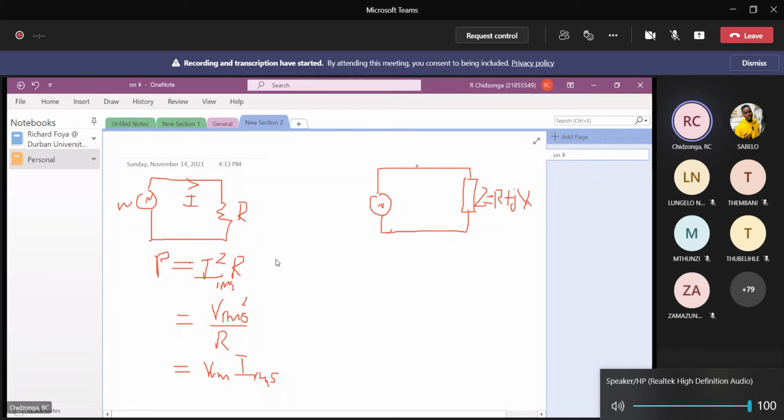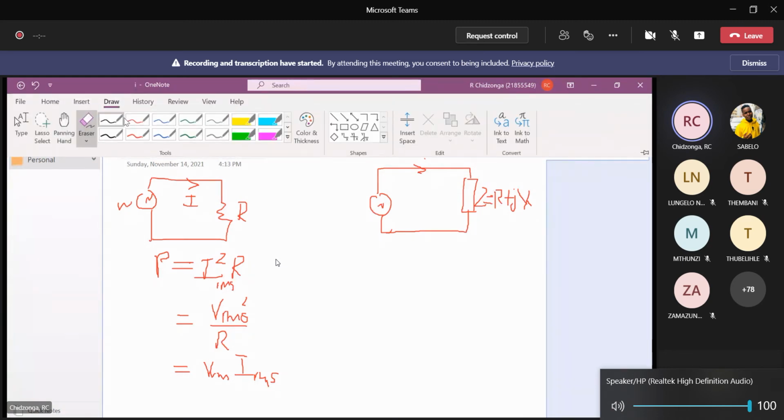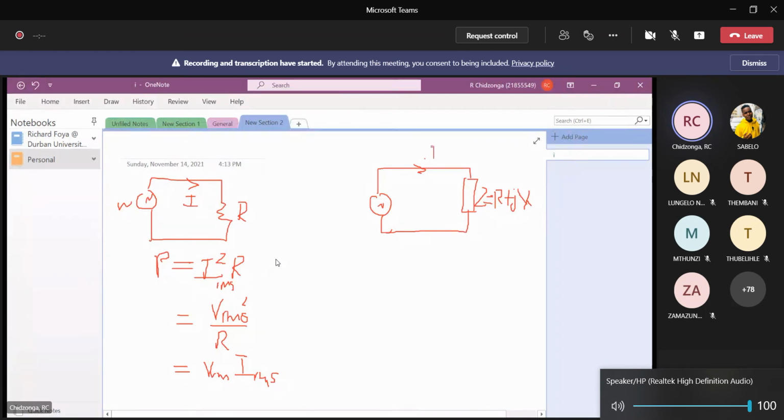And there is a current I flowing in the circuit, RMS. I told you that as soon as we start talking about power, remember it's RMS we are talking about.